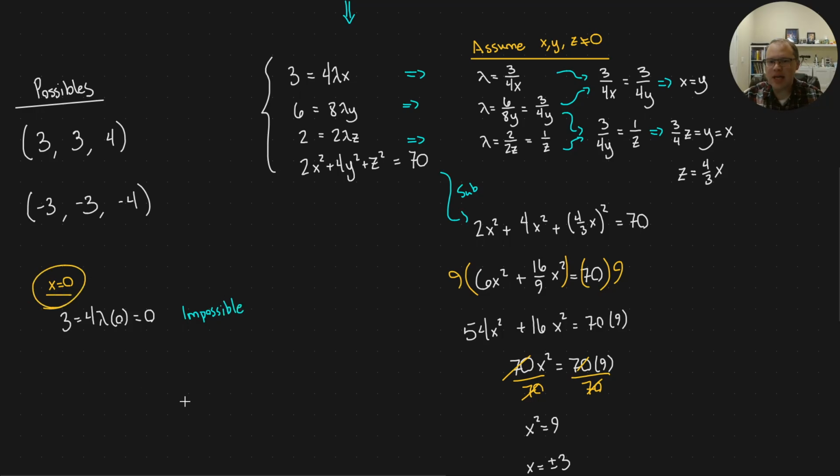So x equals 0 can't be a solution. And the same thing's going to happen with y and z. If I plug 0 in for y, I'd get 6 equals 0. If I plug 0 in for z in this third equation, I'd get 2 equals 0. 6 is not 0. 2 is not 0. So those are impossible too. So y equals 0 is similarly impossible. z equals 0 is also impossible.